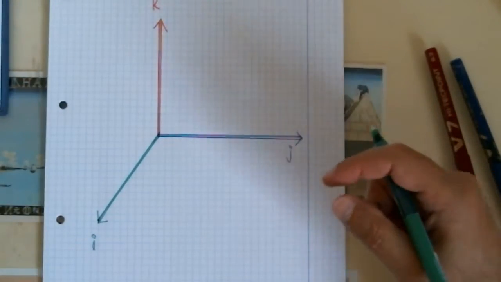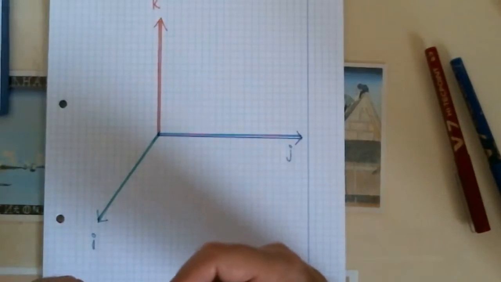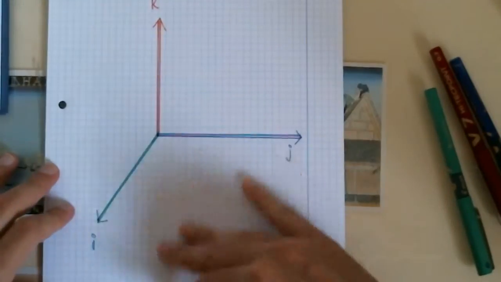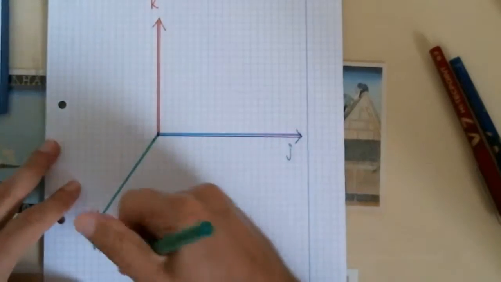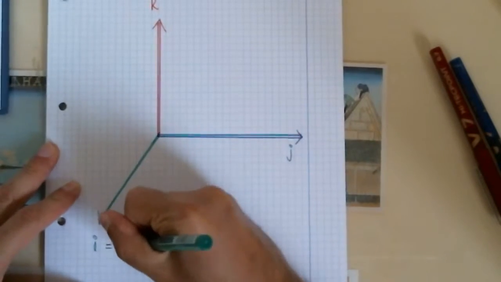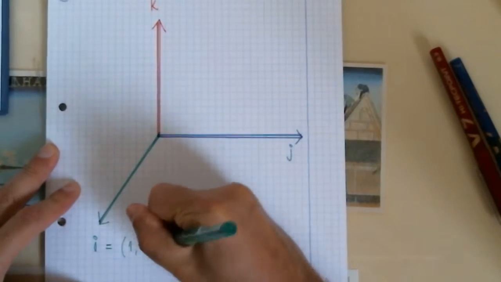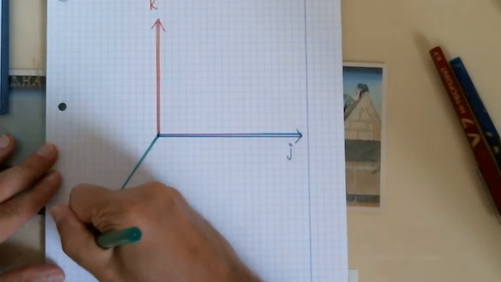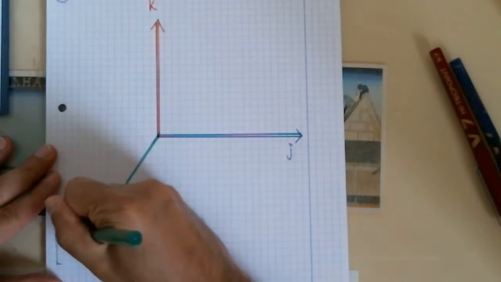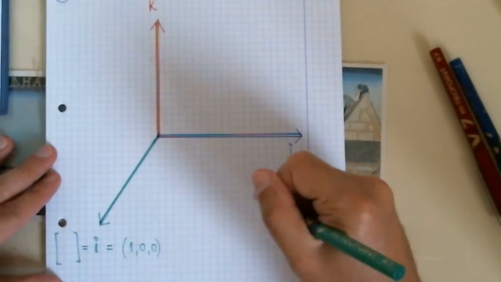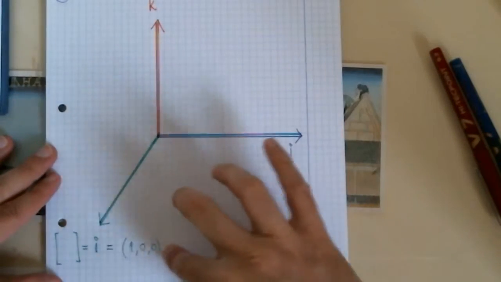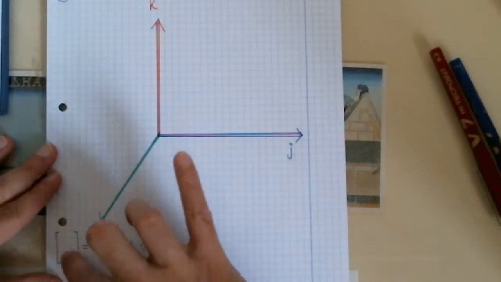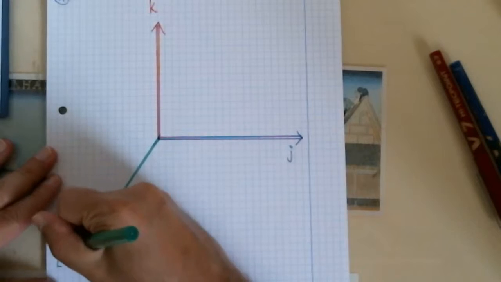Now that we have all three, each one of them has its coordinates. I is 1, 0, 0. Or let's make it like we're used to in vectors: the book wants to save space and to get us used to vectors lying down temporarily, but it's actually a column vector. So I'm writing it 1, 0, 0.